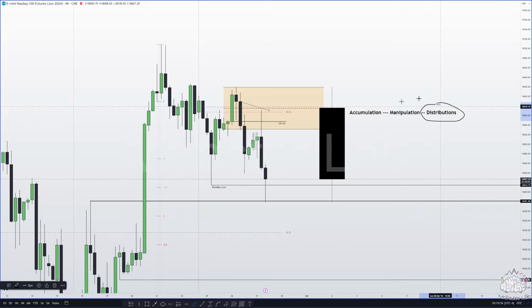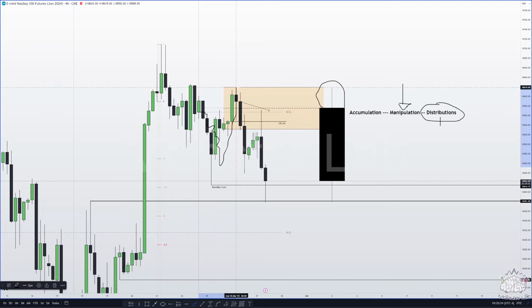So when price is in distributions, you already have the information for the manipulation. So if price here already have printed this week high, this is the opening here, this is the accumulation here, the bullish move, it's the manipulation for printed this week high.